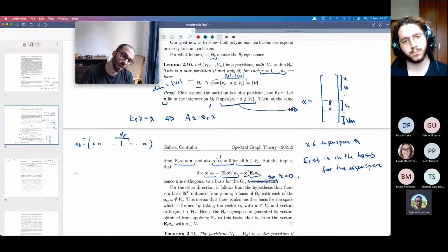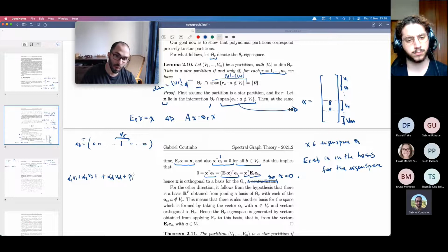So imagine that I have here alpha 1 v1 plus alpha 2 v2 plus dot dot dot plus, say this dimension here is equal to d, whatever, alpha d vd, plus beta 1, I don't know, u1 plus dot dot dot plus beta n minus d u n minus d.